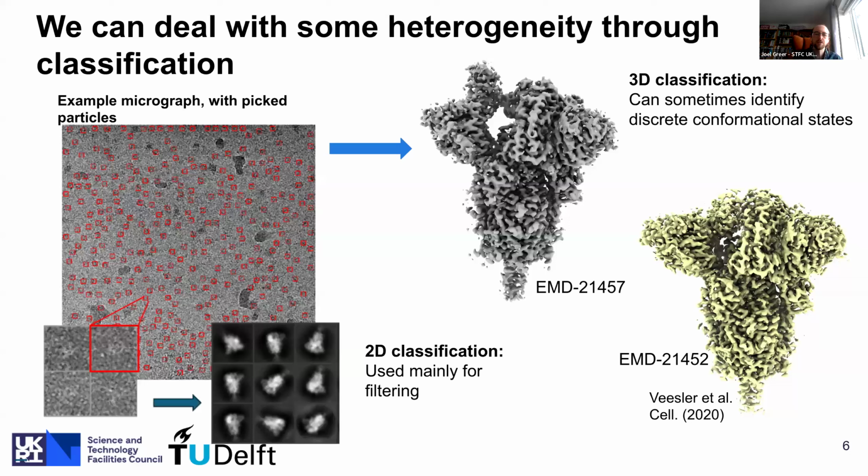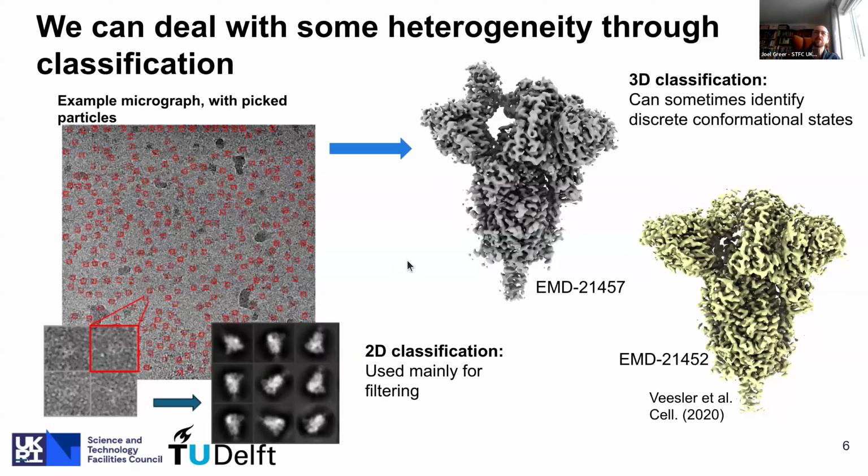These use maximum likelihood algorithms to group similar looking projections of particles into the same classes, whilst also determining the relative orientations of the particles to each other. For example, the average of each 2D class might allow you to see some conformational or compositional heterogeneity in extreme cases, but these are usually used for essentially filtering out any junk in your data set.